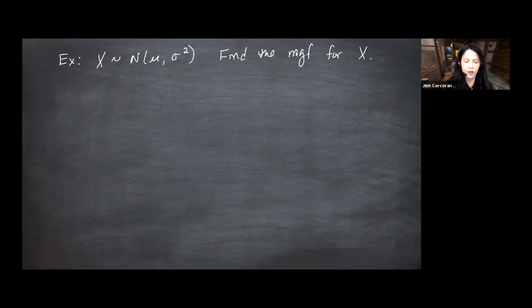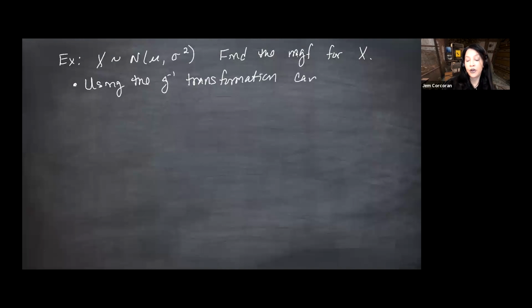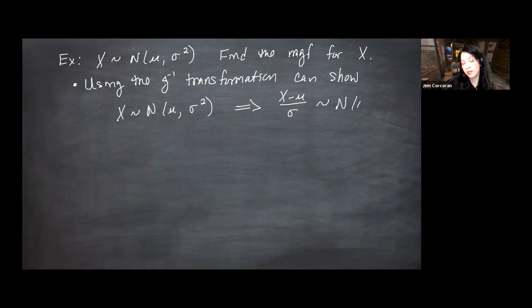So before that, I want to say using the G inverse transformation stuff, we can show that if you have X normally distributed with mean mu and variance sigma squared, and you subtract its mean and divide by its standard deviation, you get a normal with mean 0 and variance 1.